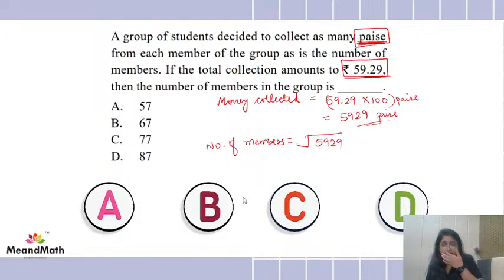Okay. So what is the square root of 5929? How will we find this? See, it is the square of 77.